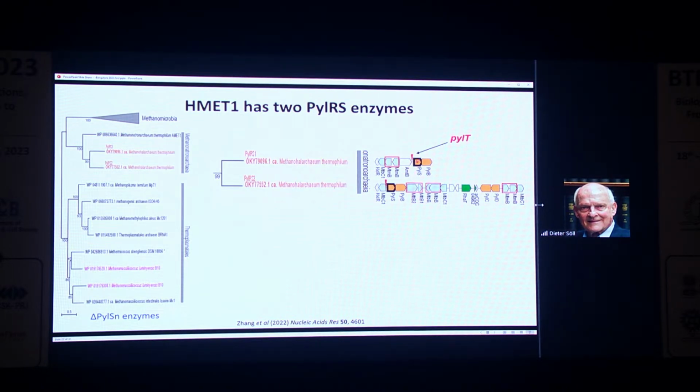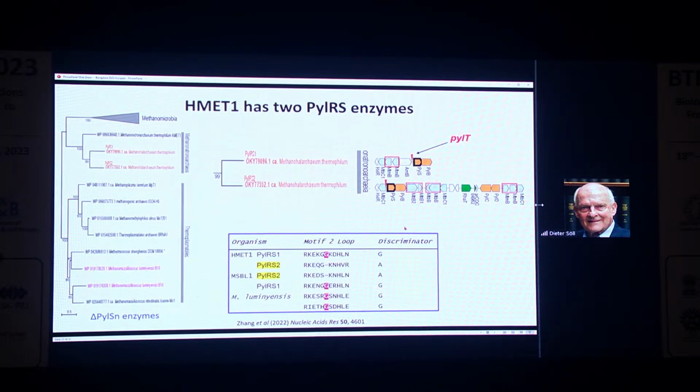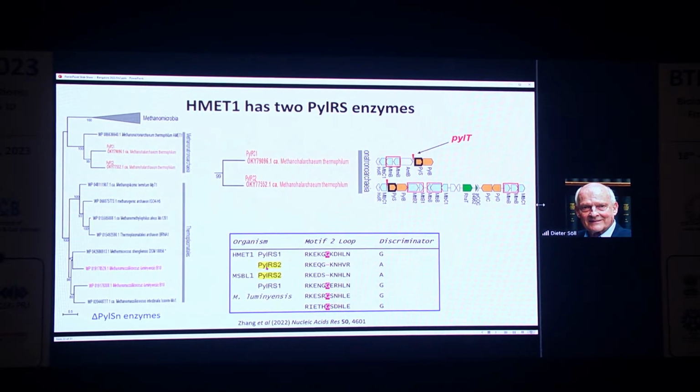Here you look at PylRS 1 and PylRS 2. And when you look, you can find there is actually a difference in the important motif 2 loop that is for recognition of tRNA, where PylRS 1 has a normal size loop, PylRS 2 has one amino acid missing. And there's one other organism that is not completely sequenced, MSBL1, where it's the same.